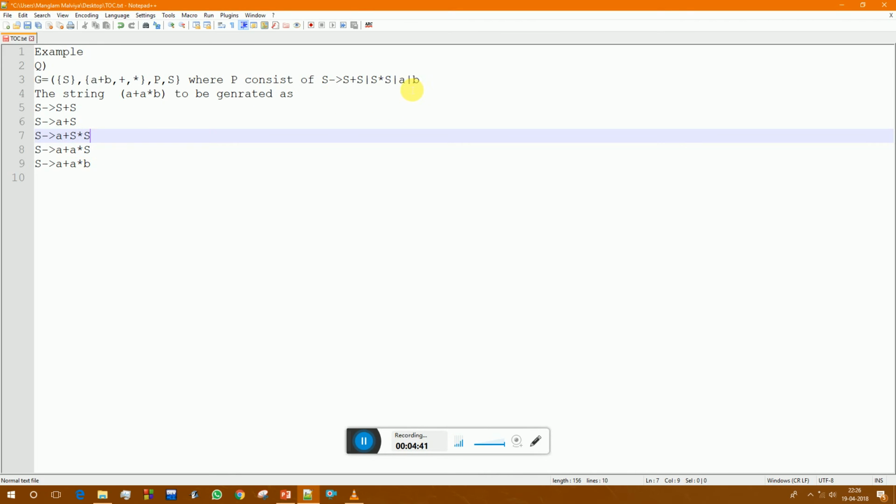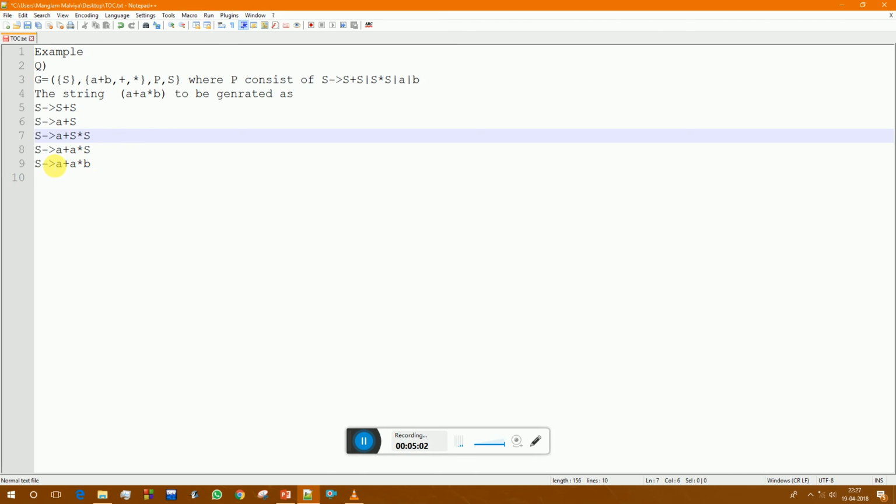Again from the production rule. First we have gone from here to here, then from here to here, then from here to here, and then from here to here. So we are going to replace this particular symbol with small a, and I will leave this symbol as it is.